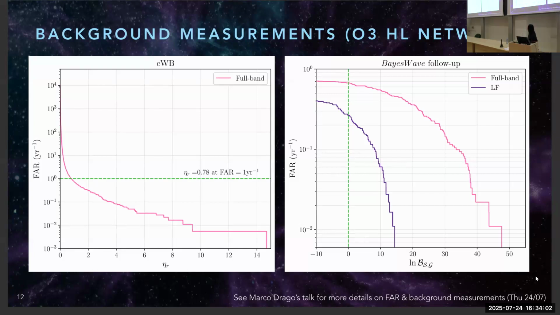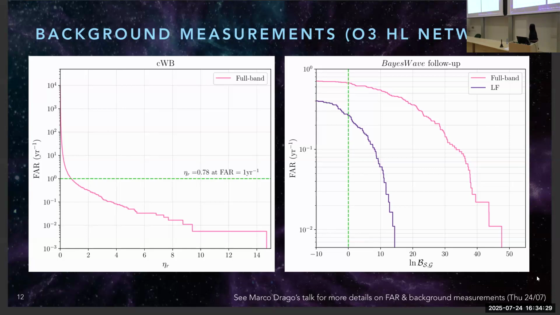This green line indicates where a false alarm rate of 1 per year is. BayesWave only follows up anything with a significance greater than this, so anything below this green line is not followed up, because like I said before, BayesWave doesn't have the computational capability of following up thousands and millions of signals. We only care about signals with a false alarm rate of more than 1 per year, so that's what we follow up in the background for BayesWave.